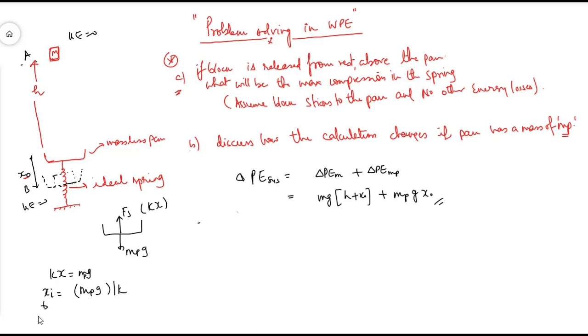So let me write it down. This is the initial compression of the spring. Okay, now if this pan goes further, a compression of x naught, so in the initial situation, when I drop this block, we have this mp and we have this m, this spring is not at its natural length, it's already having a compression of xi.